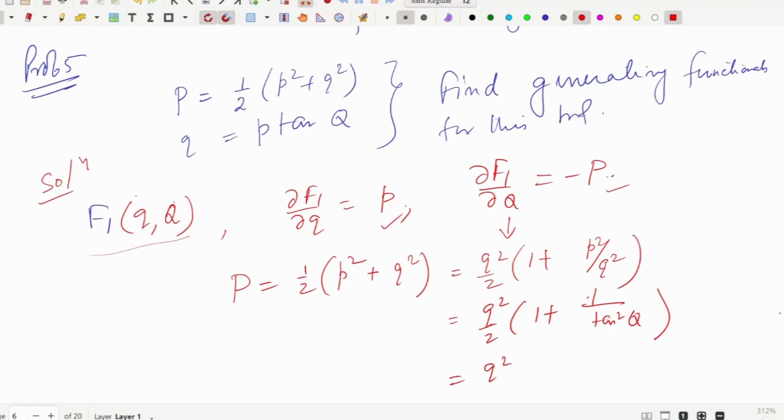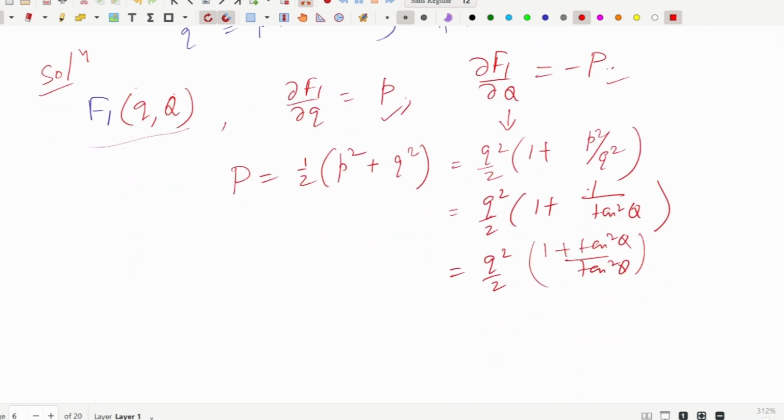So, this is q square by 2, then 1 plus tan square Q by tan square Q, and if we simplify this, we get q square by 2 and then cosec square Q, because 1 plus tan square means sin square x by cos square x divided by sin square x by cos square x.